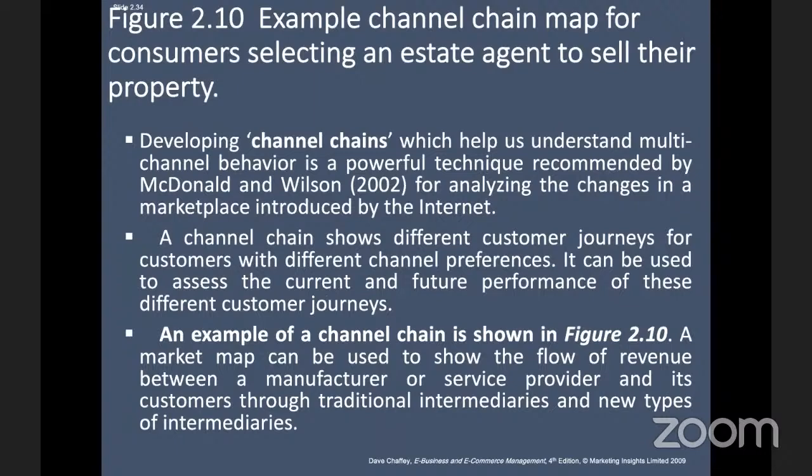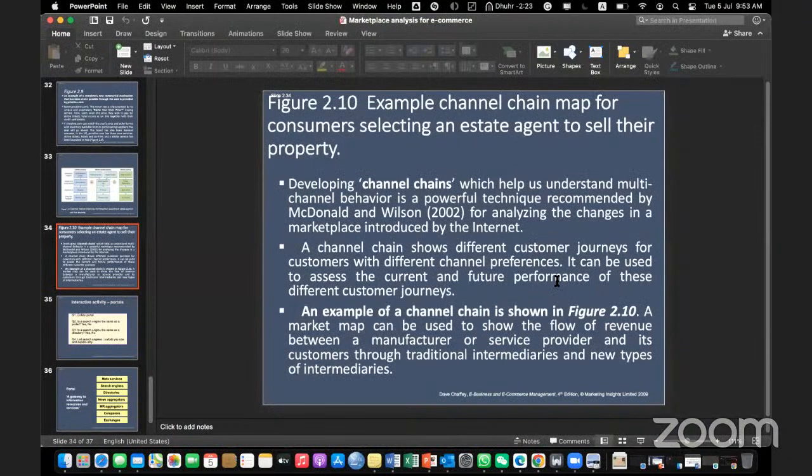Okay, here is figure 2.10 that I just explained: example channel chain map for consumers selecting an estate agent to sell their property. First, developing channel chains, which help us understand multi-channel behavior, is a powerful technique recommended by McDonald and Wilson 2002 for analyzing the changes in a marketplace introduced by the internet.